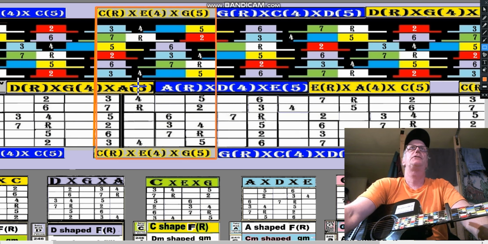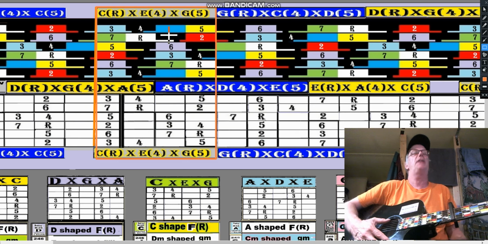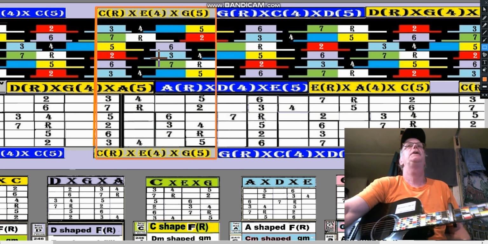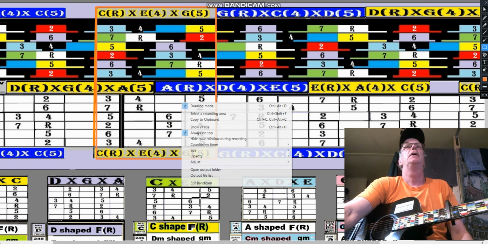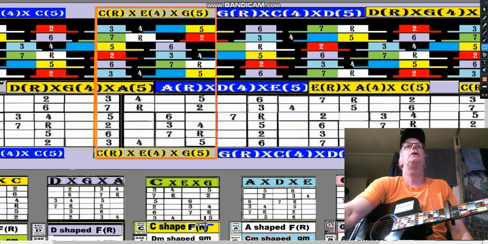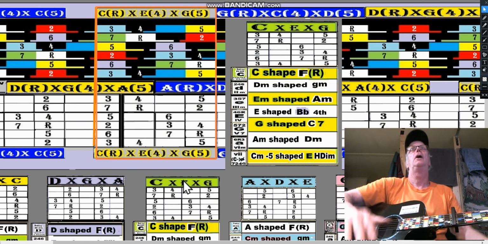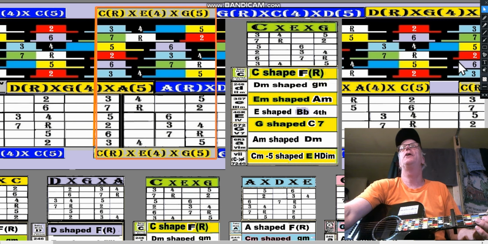Remember, it's sharing the D box and the A box, but this is certainly the C box. So if you have the capo on that A there, then what do you got in the C box? I don't want to lose our little graphic there.